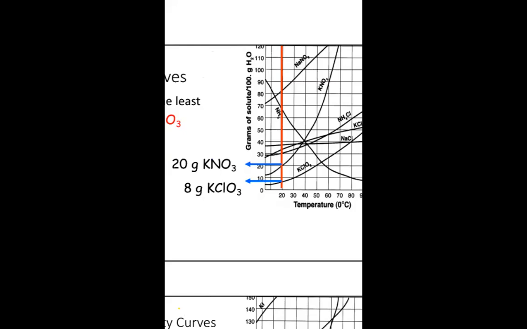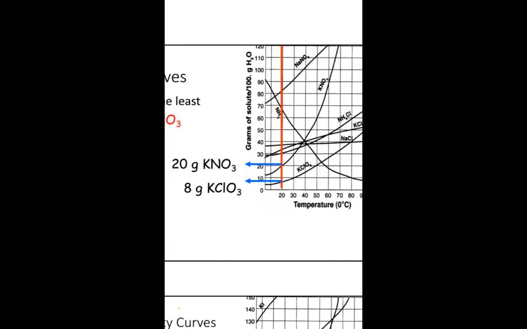You trace the curve up and check the intersection between 20 degrees Celsius and the y-axis. Which one of them gives the least mass of salt at 20 degrees Celsius? The most apparent is KClO3, because KClO3 gives about 7 grams.